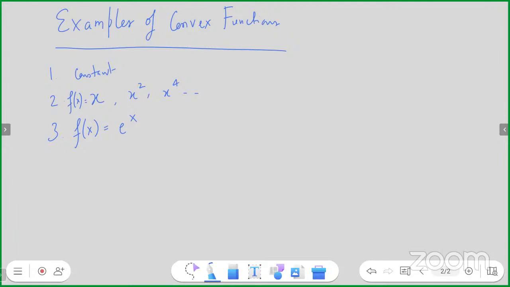It's okay. Suppose that is true. Then what do you do? Is that sufficient? Are you trying to claim that if another g of x is there, which is always greater than f of x, and f of x is convex, is g of x convex?